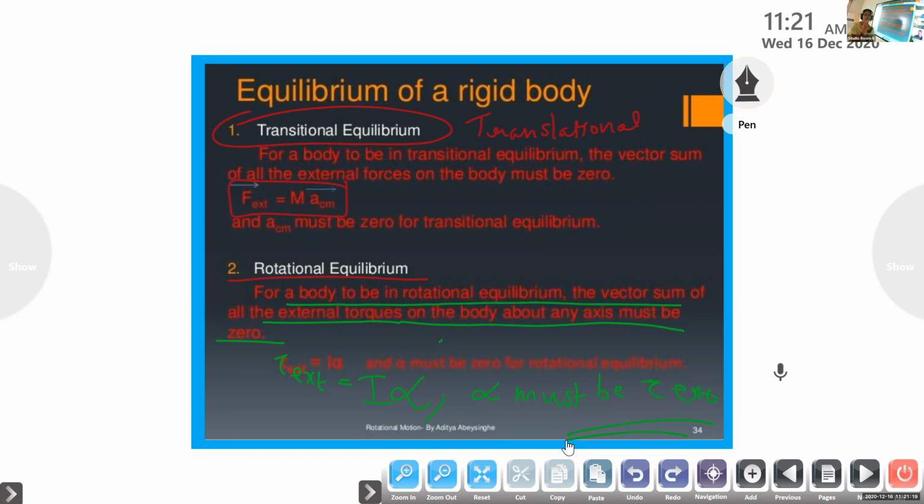That means in 1 second it is moving with the same speed, and throughout the hours it is working, it should be with the same speed. So in rotational motion we measure in radian, 50 radian per second or 50 radian per second square. There should not be change in velocity and in acceleration. So that is the meaning of this word equilibrium.